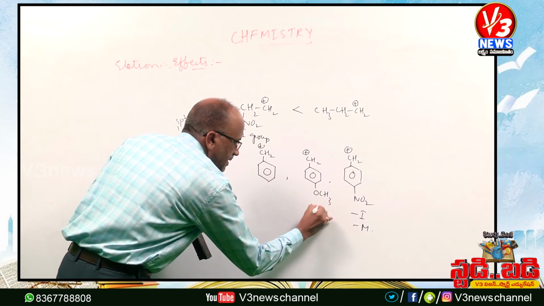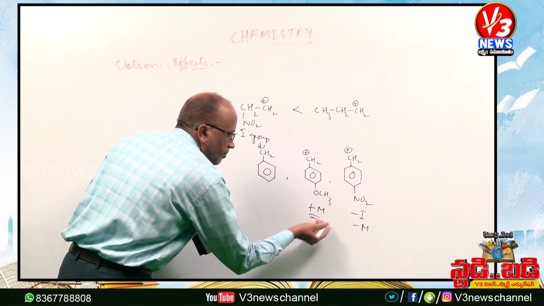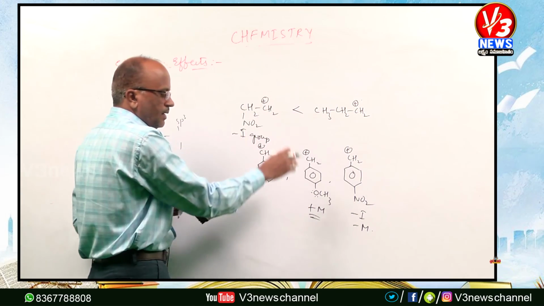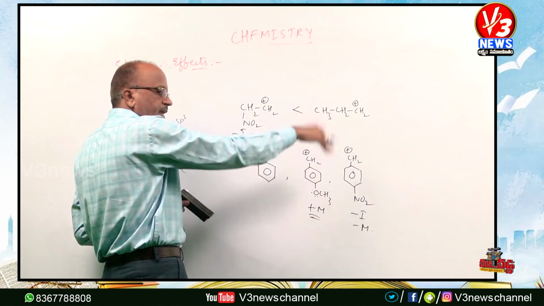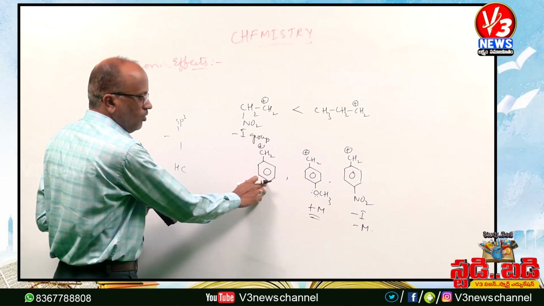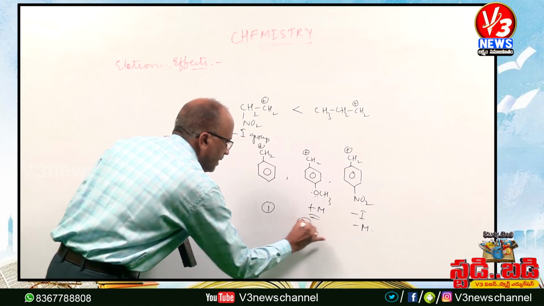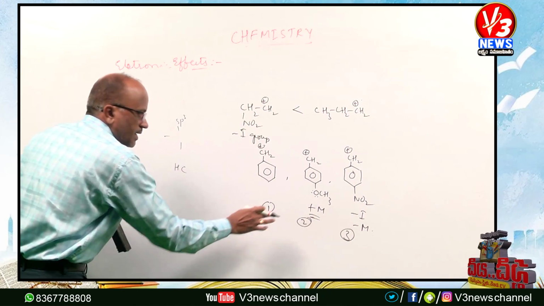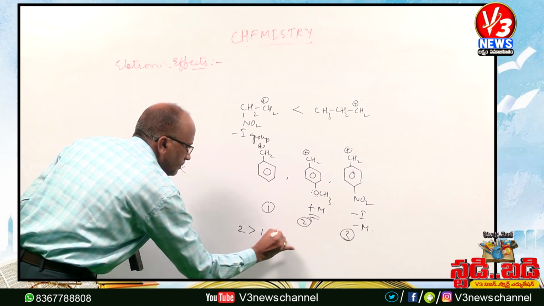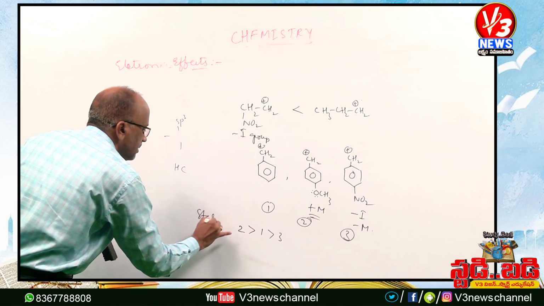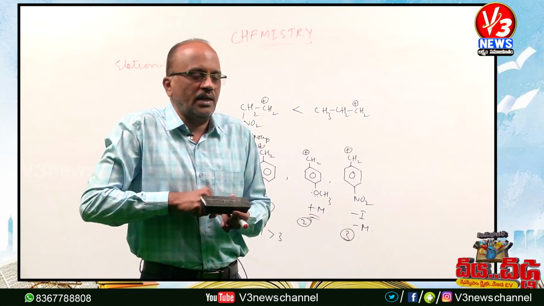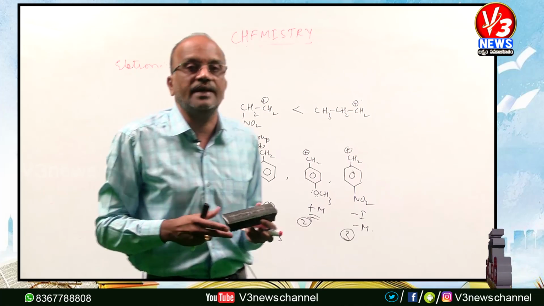Whereas this one is a plus mesomeric group. It is minus I and plus mesomeric, but plus mesomeric is considered here. Then it is giving electrons to the system. Whereas here there is no group. Then if you take the stability order of these three, which one is most stable? 2 is more stable than 1, which is more stable than 3. This is the stability order. Okay students, tomorrow we will discuss some more important applications of these electronic effects.